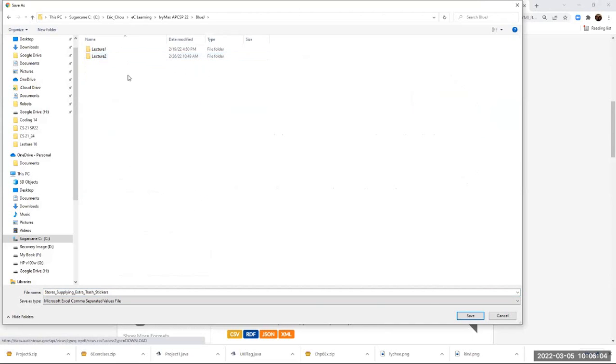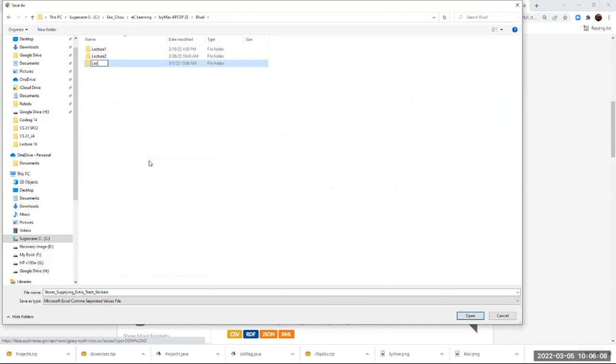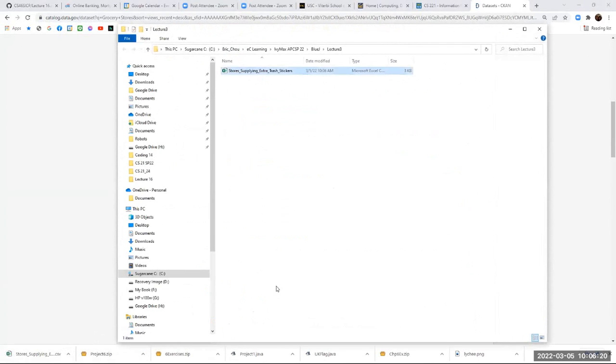Here let me create lecture 3. What I want to do is, this one I downloaded from data.gov. This one is an Excel file, and it is a data set.